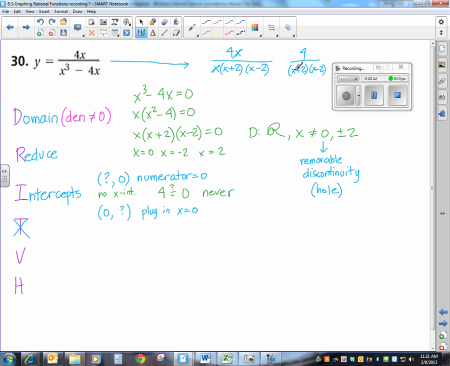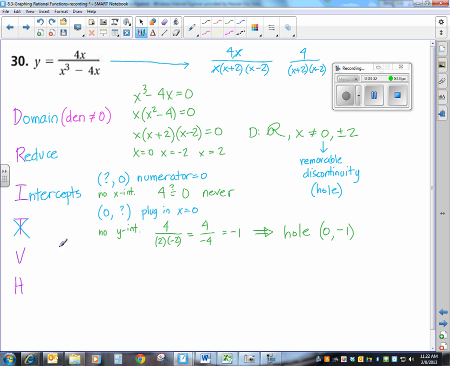So if you put 0 in here, that's going to give us 4 on top, and then of course 2 times negative 2, which means I have 4 over negative 4 or negative 1. So what this is telling me is that I have a hole when x is equal to 0 and y is equal to negative 1. So it's a hole. Does that mean I have an x-intercept? Excuse me, a y-intercept? No, I have no y-intercept either, because again, x couldn't be 0 in our domain.